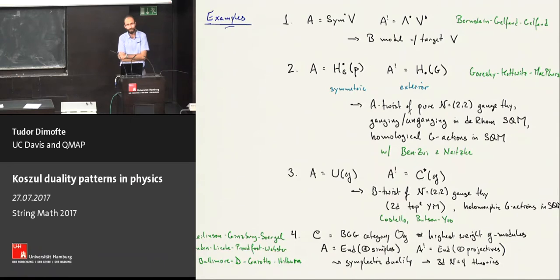And this duality governs G actions in quantum mechanics. This is some work I've been doing with David Ben-Zvi and Andy Neitzke. In mathematics, this was applied in an essential way in work of Goresky, Kottwitz, and MacPherson.